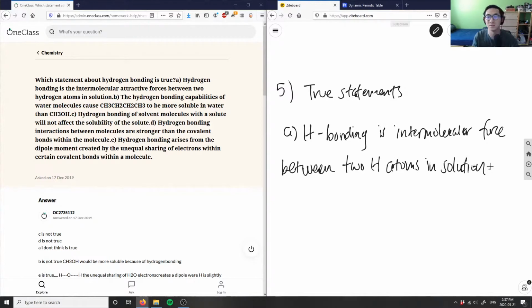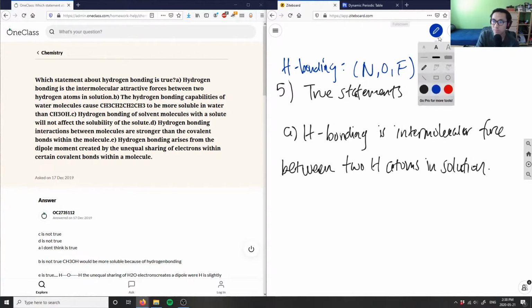Right off the bat, we know that this is false, right? H bonding is not between two hydrogen atoms. If we recall, hydrogen bonding only exists with hydrogen bonded to N, O, and F. So A here is not true.